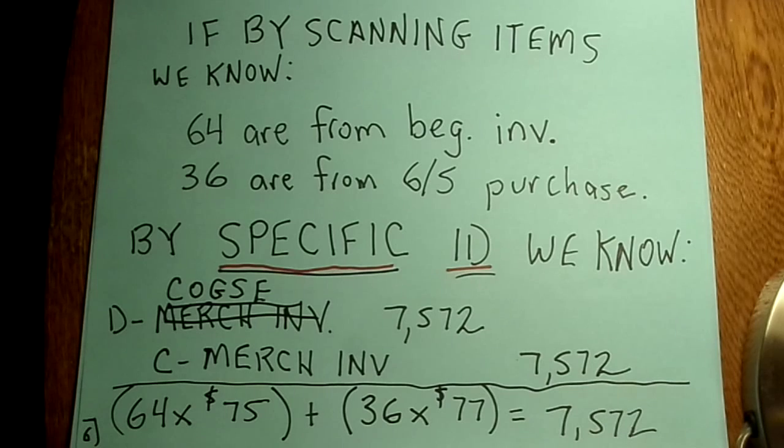So we're saying here, what if the scanner reveals that 64 from beginning inventory were sold and 36 from the June 5th purchase were sold?